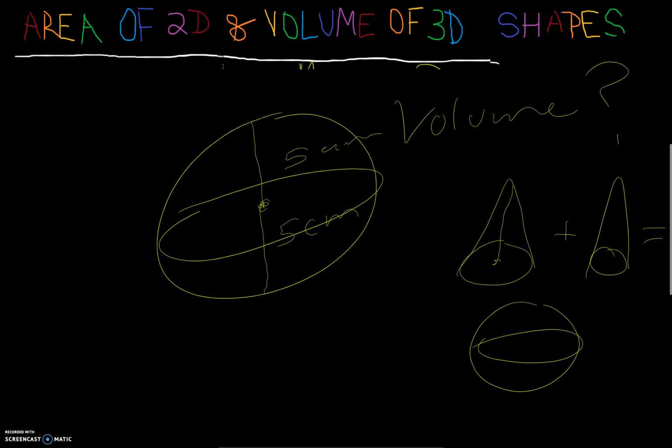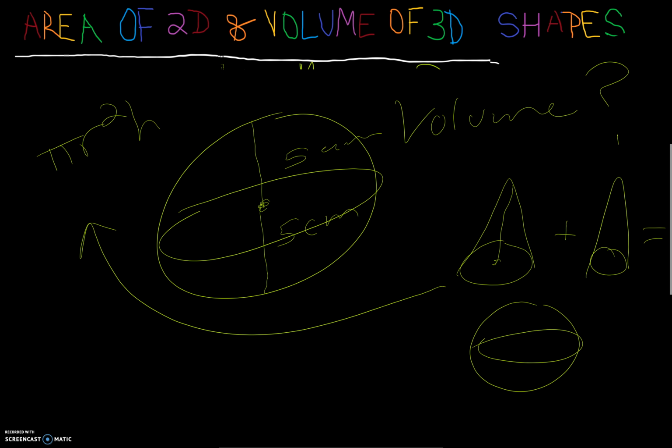So to find the volume of the cone, well, we can just do our base times height formula. Our base is a circle, so we said that would be pi r squared, and then we need to multiply it by the height.